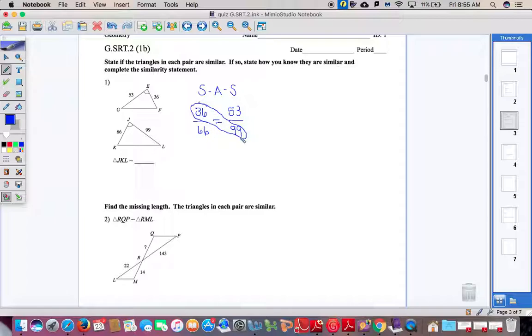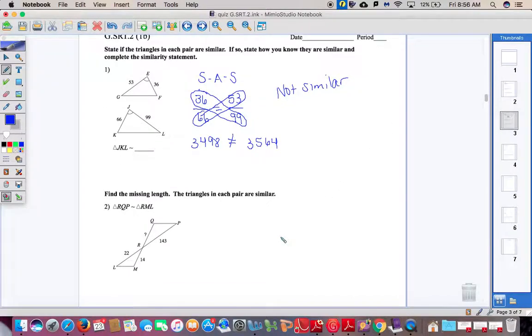We have 36 times 99, and then 66 times 53. And what you'll see is that these products are not the same. One is 3,498, and that does not equal 3,564. So because these cross products are not the same, we can say that these two triangles are not similar.